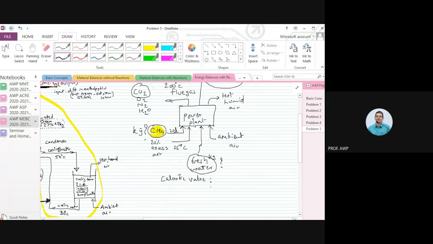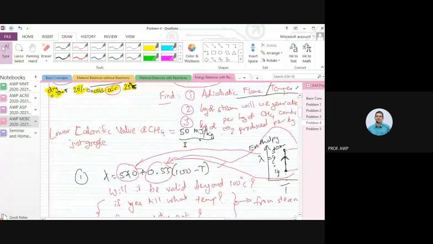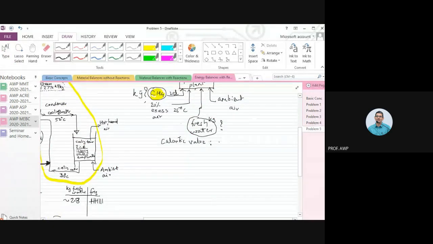What was the calorific value we took in last time's problem? You remember the lower calorific value, 50 megajoules per kg, isn't it? Yes or no? Yes, sir. So the calorific value was 50 megajoules per kg.